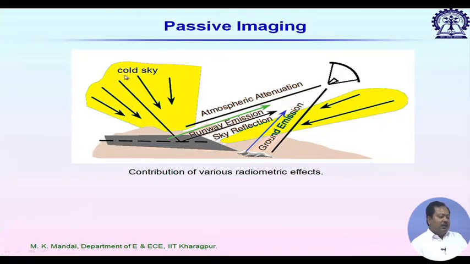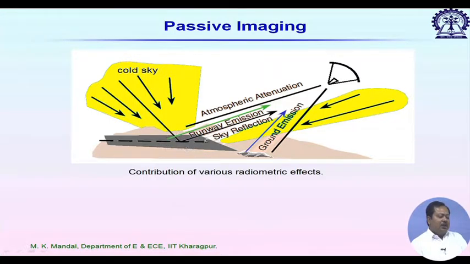This downwelling radiation will be reflected by the object, here a runway, obviously in all directions, and some of it will be collected by the receiving antenna here, after some attenuation because it is propagating through the atmosphere. How much power is reflected by this object depends on the reflectivity of the surface, which is given by rho.